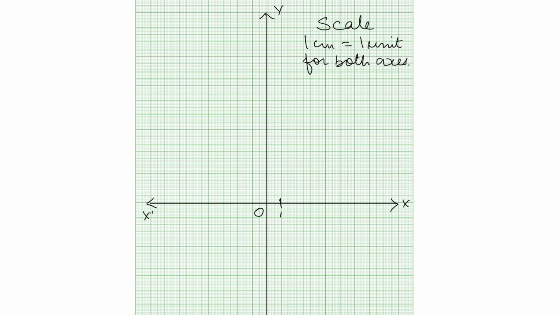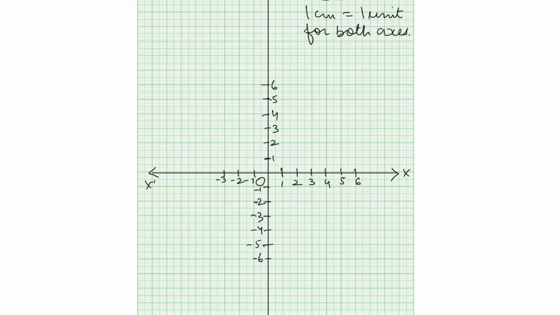So this side is 1, 2, 3, 4, 5, 6. This side I have minus 1, minus 2, minus 3 and so on. This side 1, 2, 3, 4, 5 and 6. This side I have minus 1, minus 2, minus 3, minus 4, minus 5, minus 6.